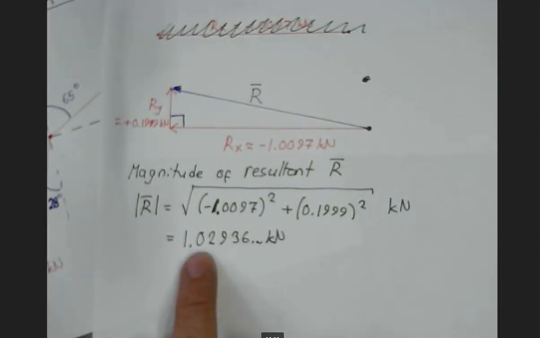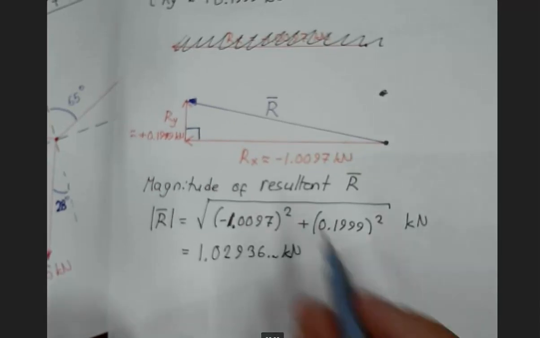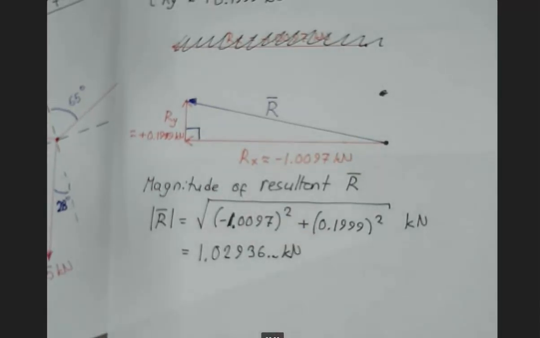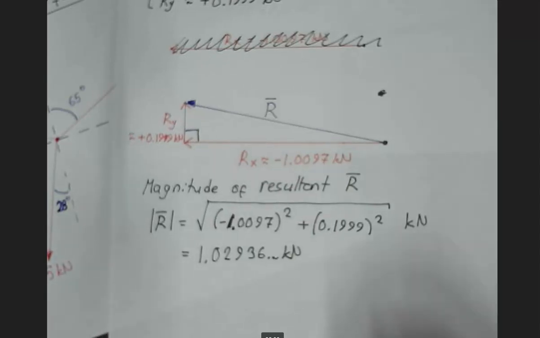Now we know magnitude and unit, but the direction we need to calculate. From this picture we have here, and I suggest always to draw this picture, because you can't be sure of the direction if you don't draw that picture.